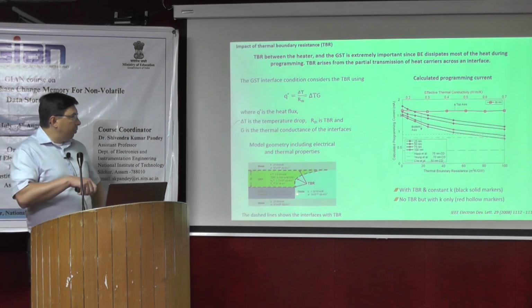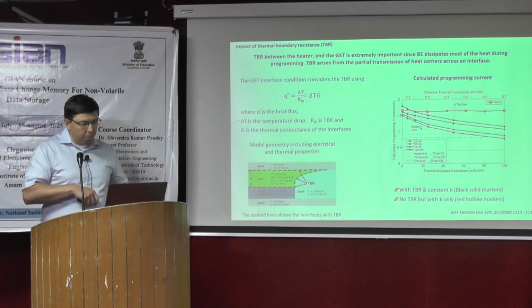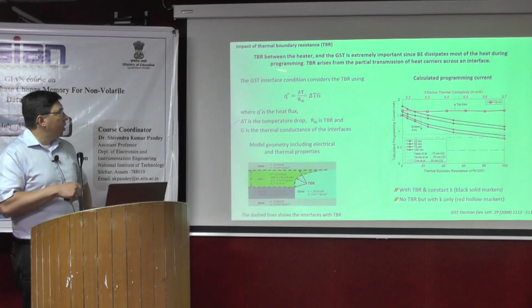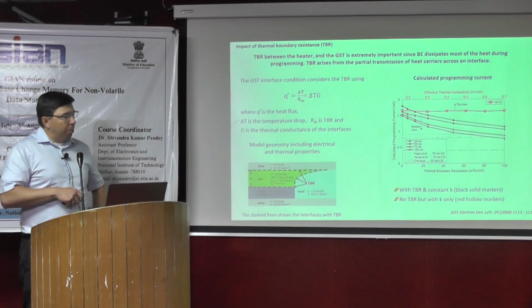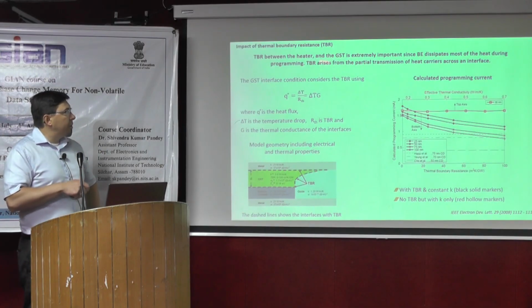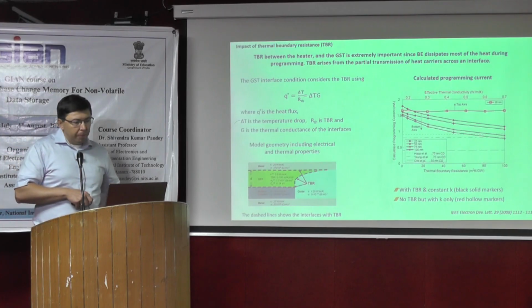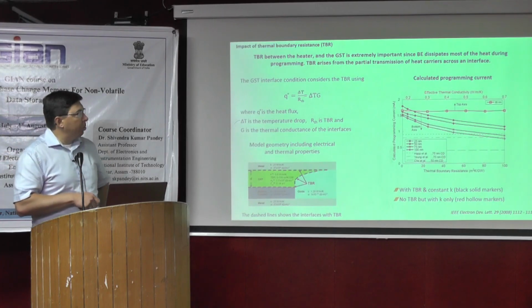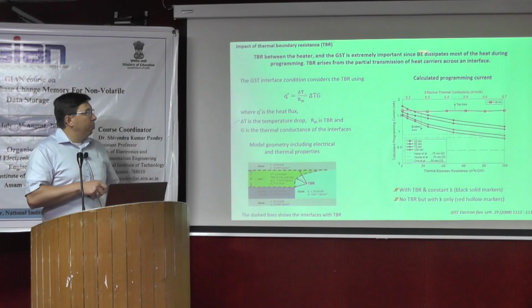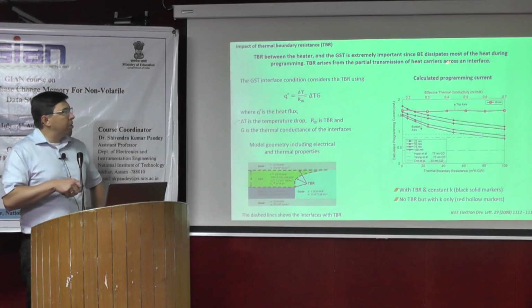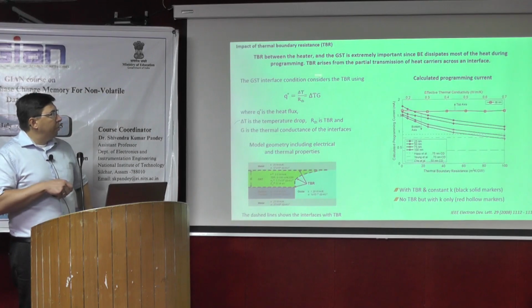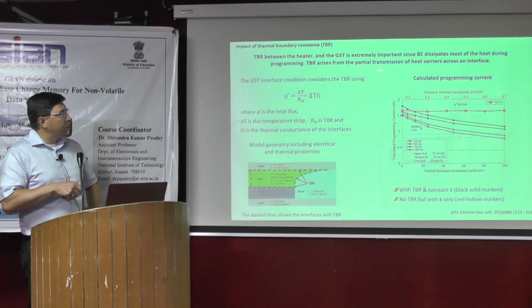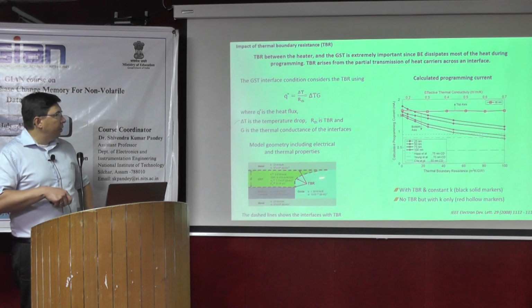All these interfaces and boundaries create the so-called thermal boundary resistance. This is the thermal boundary resistance between the heater and the GST. This is very important because the bottom electrode dissipates most of the heat during programming, and the TBR arises from the partial transmission of heat carriers across the interfaces.